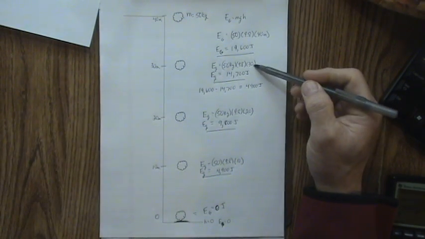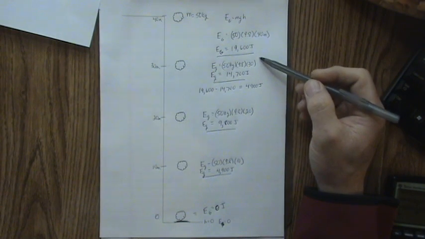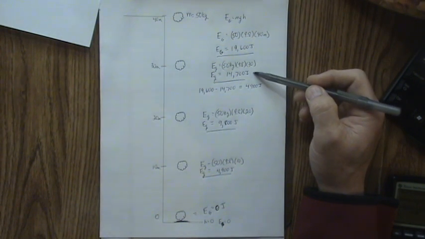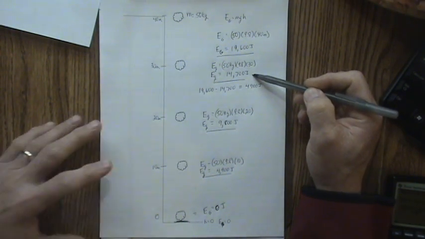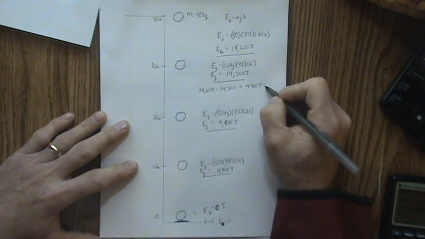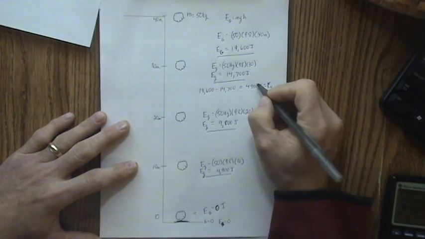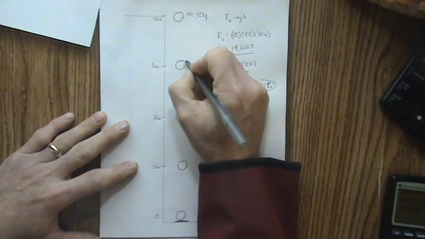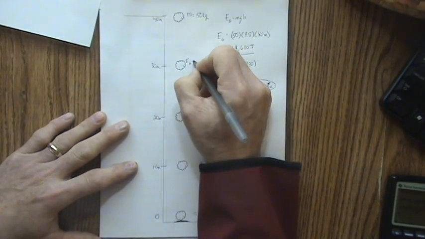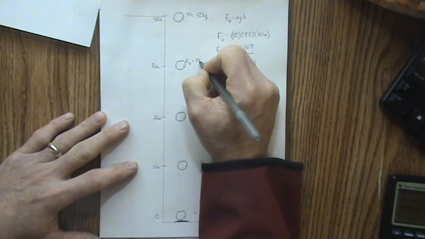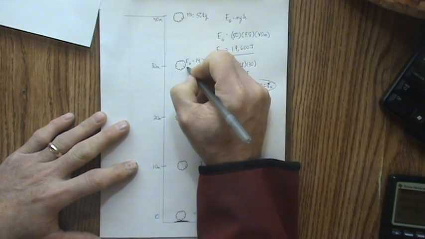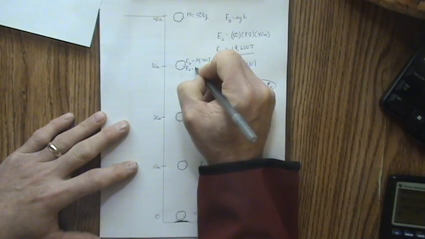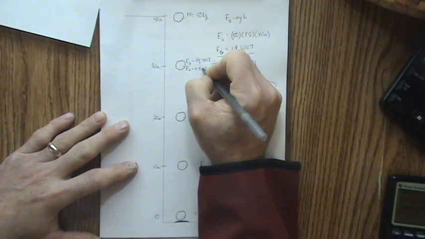So we had 4,900 joules of energy that was gravitationally stored that isn't gravitationally stored anymore. And the reason is because now that is kinetically stored. So right at this position, the gravitationally stored energy is 14,700 joules, but the kinetically stored energy is 4,900 joules.